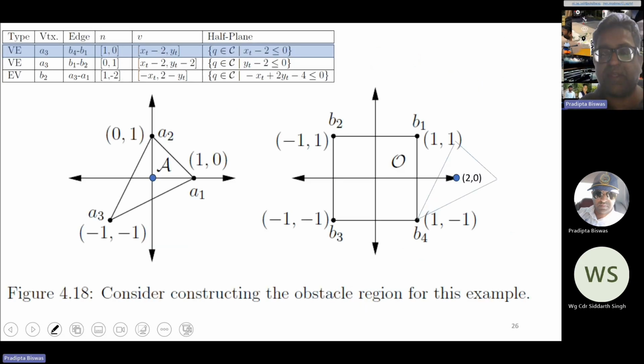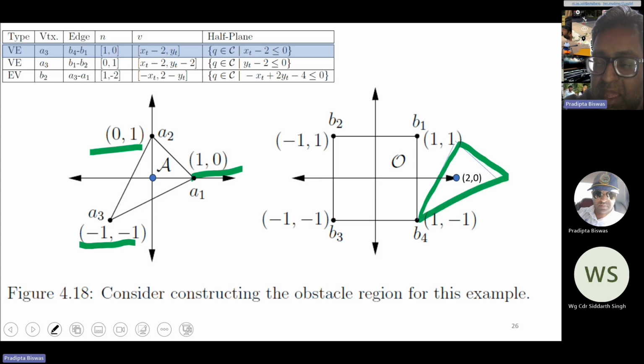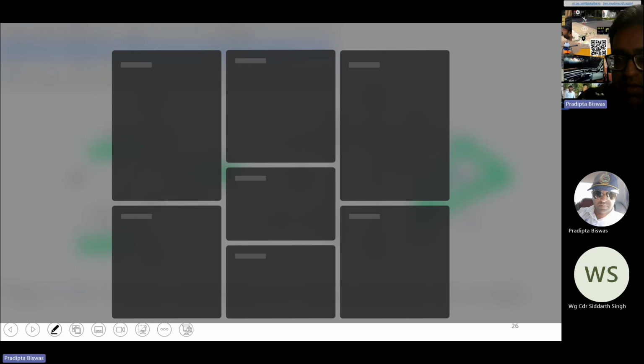So this is our picture that we start with. This is the same triangular robot. I now zoomed in, and here you can see the coordinates -1, 1, 0, 0, 1. And this is the first position of the robot. Here the robot vertex A3 is touching the B1, B4 line.